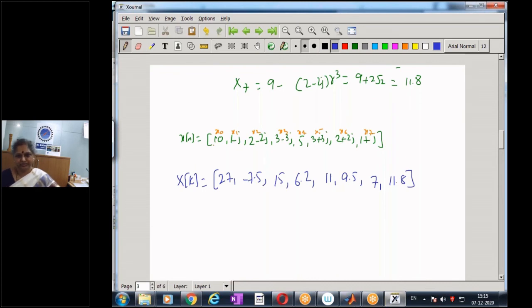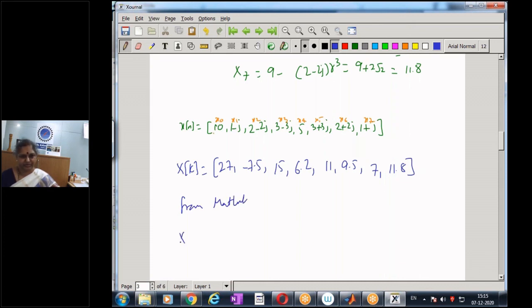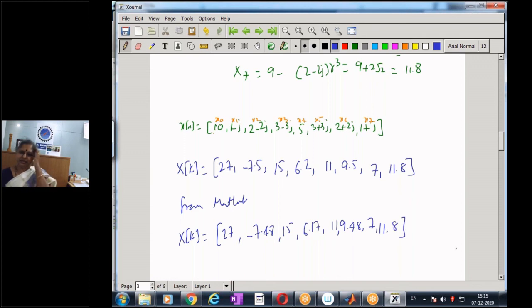So minus 7.48, 15, 6.17, and so from MATLAB, our results are the same, the only thing is we have approximated in representing the numbers, and so we have got slightly rounded 7.48, 15, 6.17, 11, 9.48, 7, and 11.8. So we get the same result.